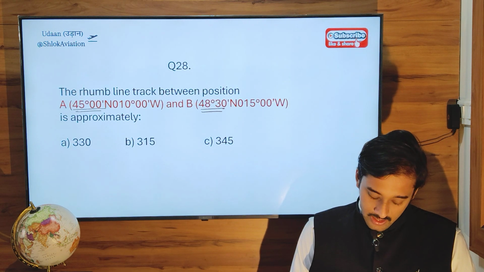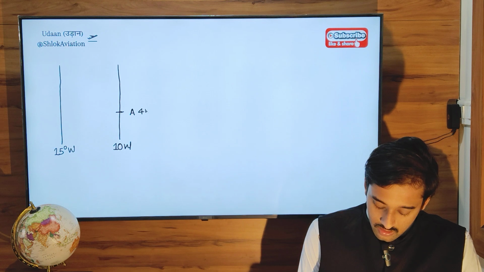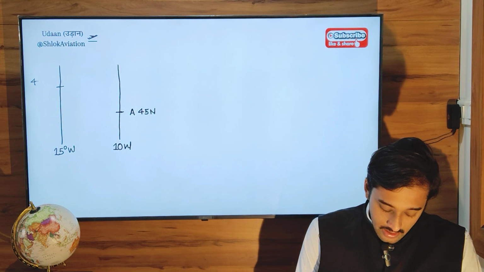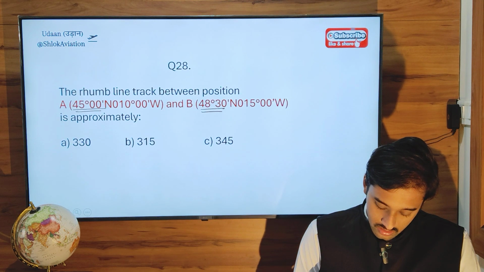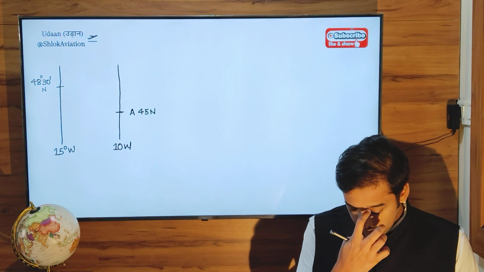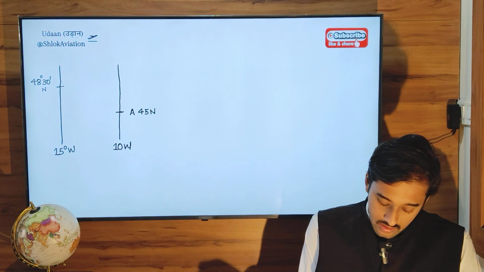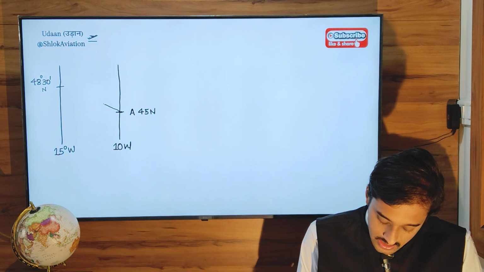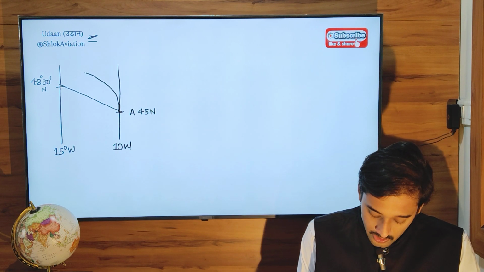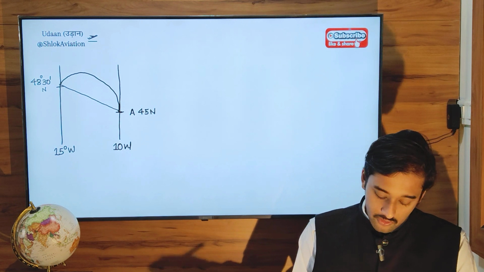A is at 45 north, B is at 48 degree 30 minutes north. You have to go from A to B. So A to B is this. The great circle track will be somewhat like this.